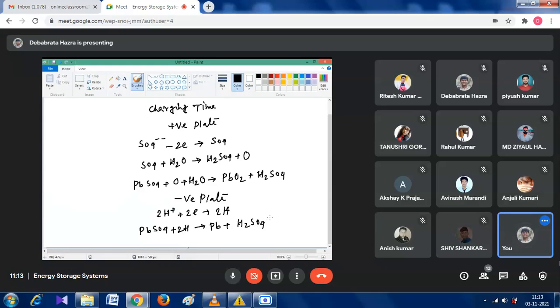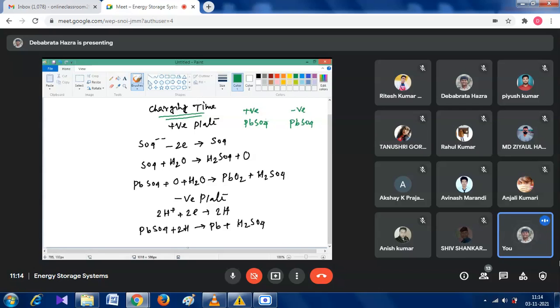That means when we charge the lead acid battery, before charging, the positive plate is PbSO4 and the negative plate is also PbSO4.